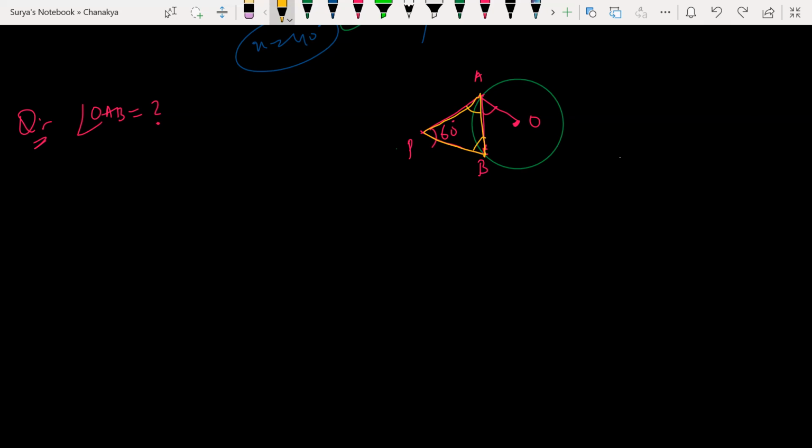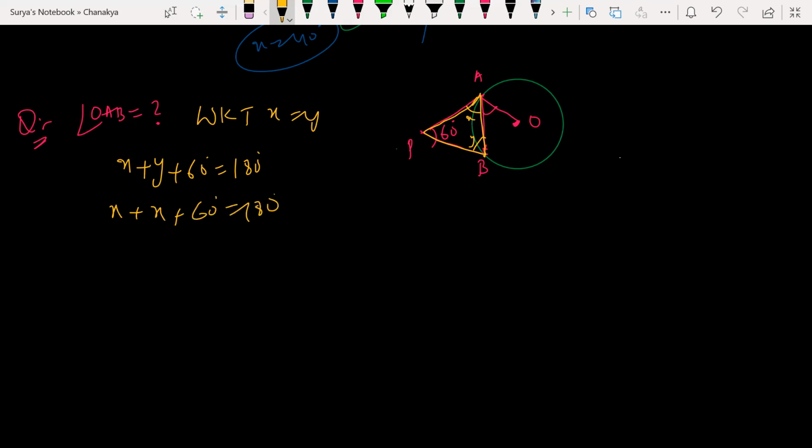Because the lengths of the tangents are equal, the angle, whatever you say here, x, and this also x. Or you say here y. Here x plus y plus 60 degrees is equal to 180 degrees. We know that x is equal to y here. So x plus x plus 60 degrees is equal to 180 degrees. So 2 times OAB is 30 degrees.